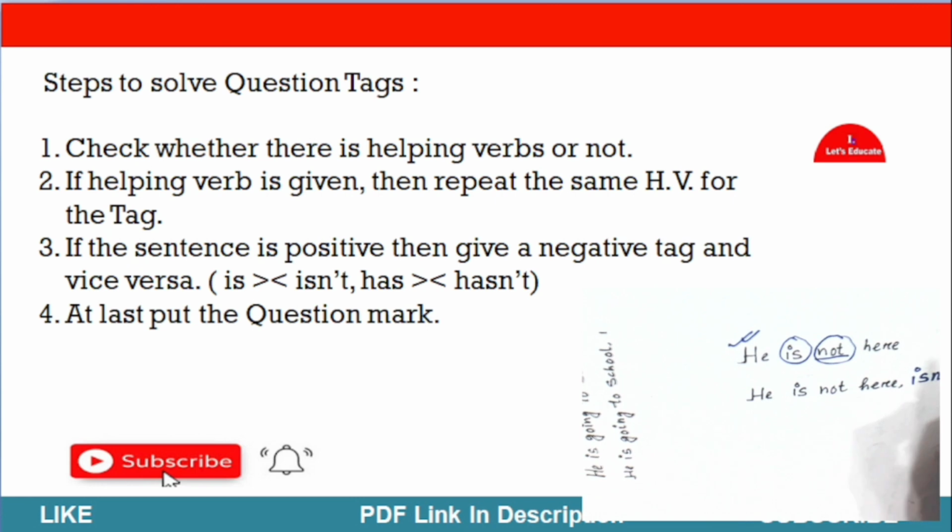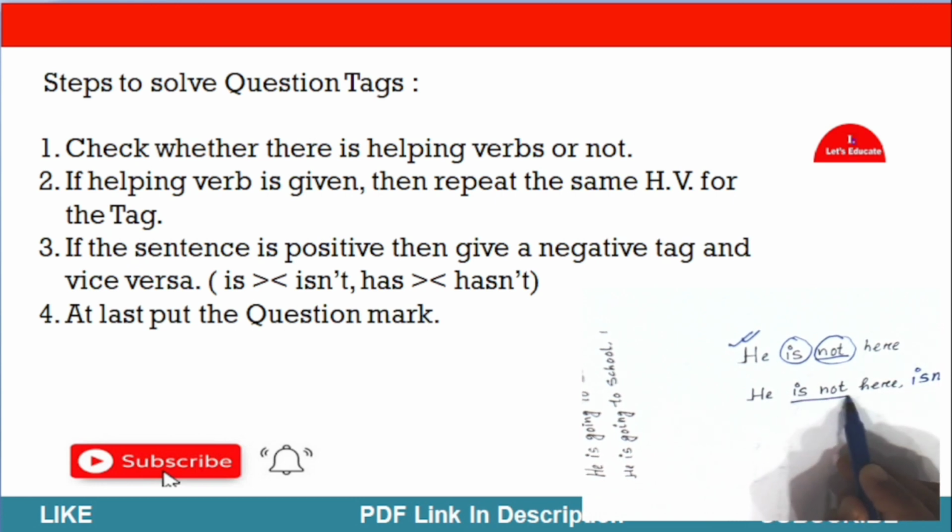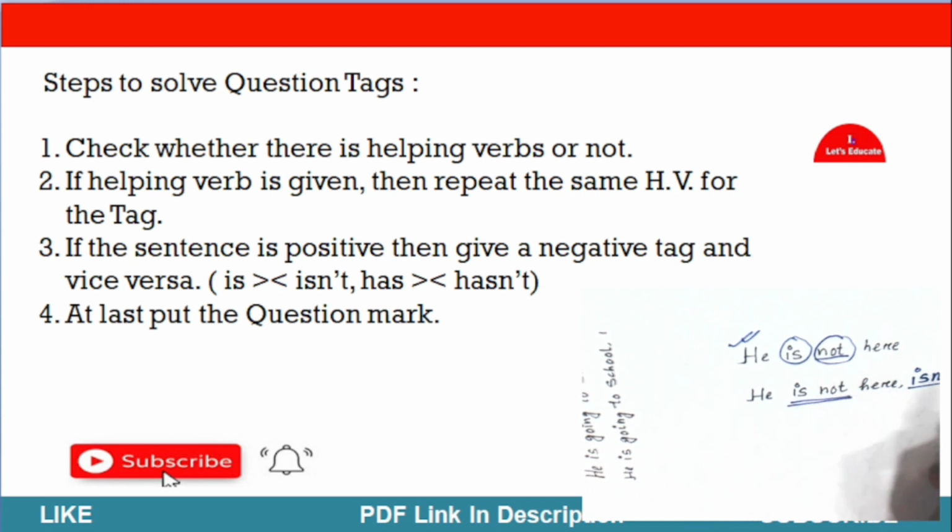Short form is isn't. Long form is not. We cannot again use isn't here because the sentence is negative. The rule number 3 says that if the sentence is positive, then give a negative tag. But in our case, the sentence is negative, then we should give a positive tag. What will be the positive of isn't or is not?